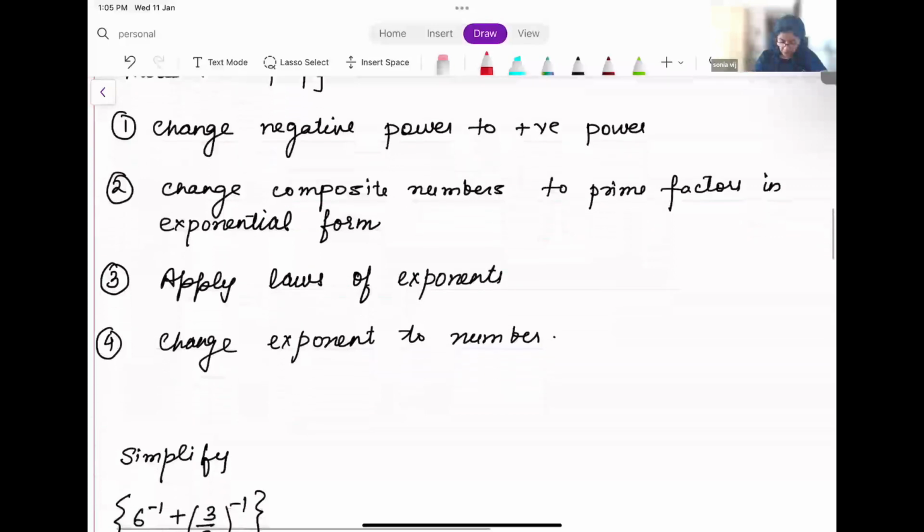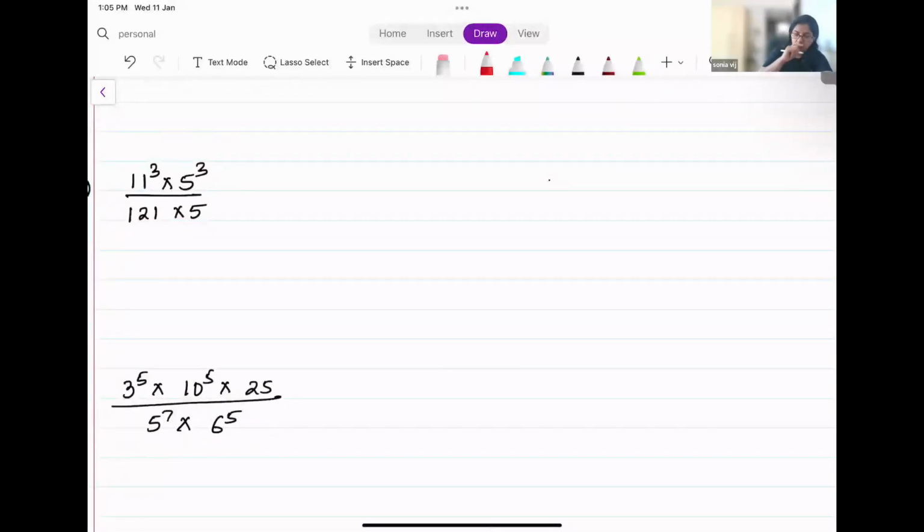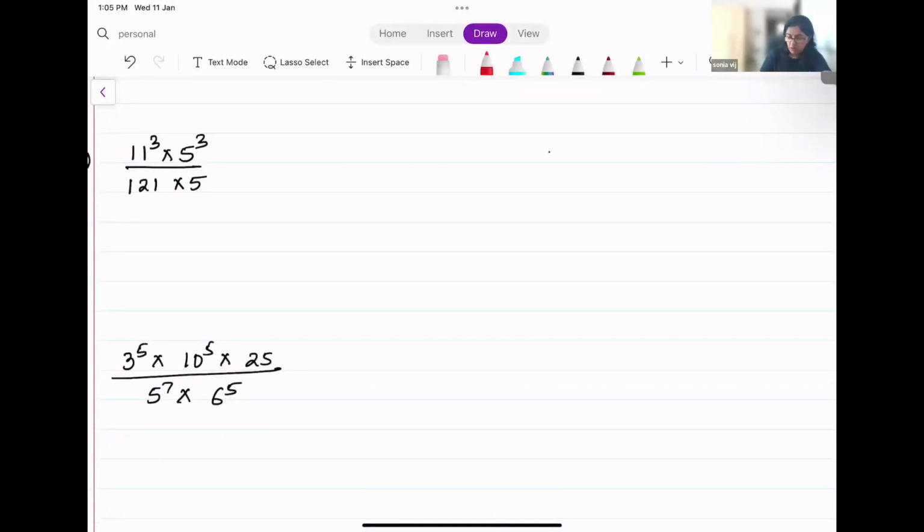Let's understand with the help of an example. I'll take the second example first. So the first rule that I'm telling you is change negative to positive. There is no negative and positive here, so nothing to do. I simply change them to their prime factors.